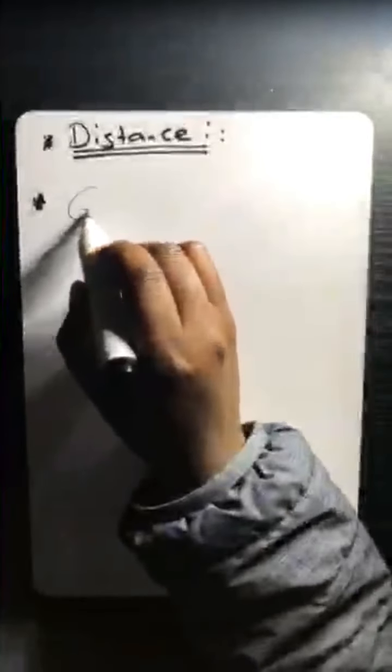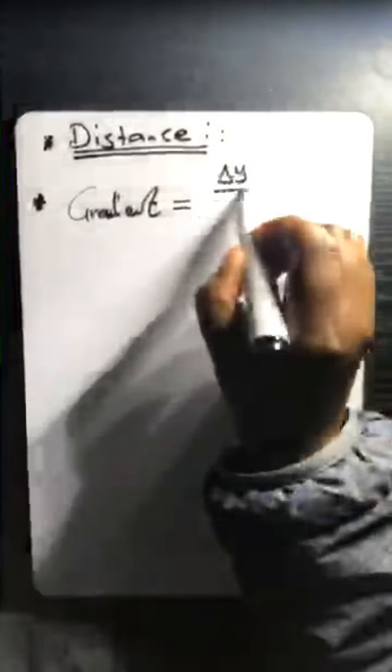So now I'm just going to quickly remove all of this. Remember, guys, all of this is what you should be aware of at grade 10. Now let's talk a little bit more about the gradient formula. The gradient formula says change in y over change in x.